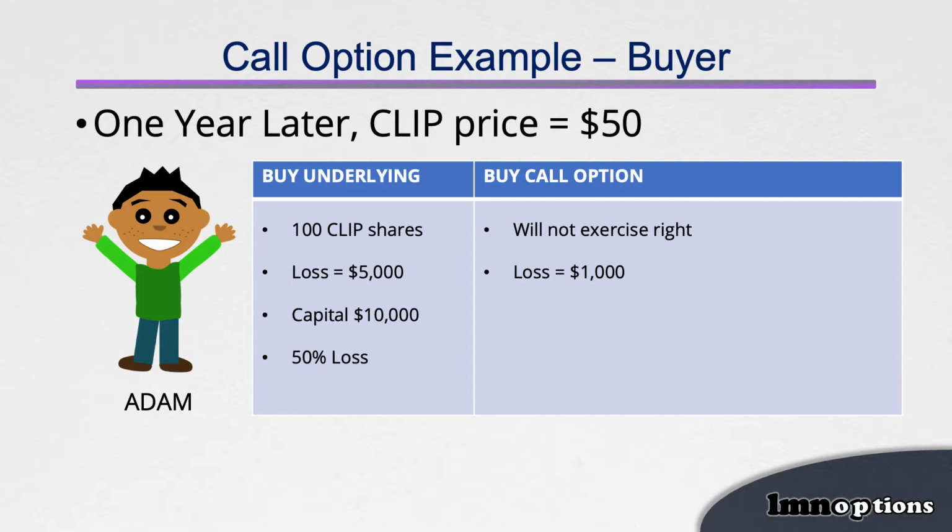However, since $1,000 was the initial capital that was put out for this trade, this would amount to a 100% loss on his capital for this trade. But from an absolute monetary figure, his loss is only $1,000 compared to $5,000 if he had bought the underlying shares. Using a call option can help to limit financial losses on trades.